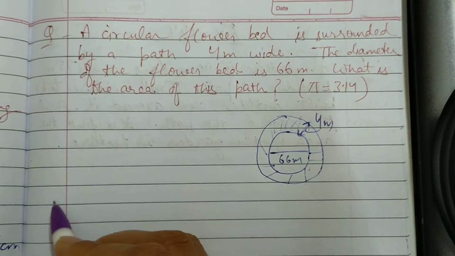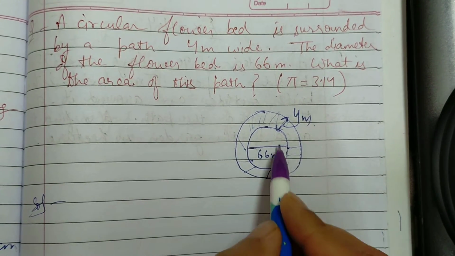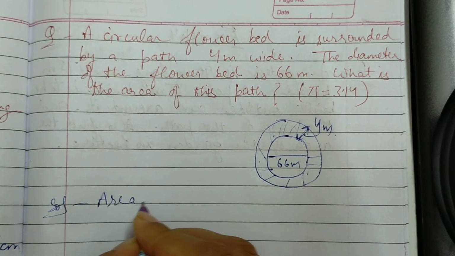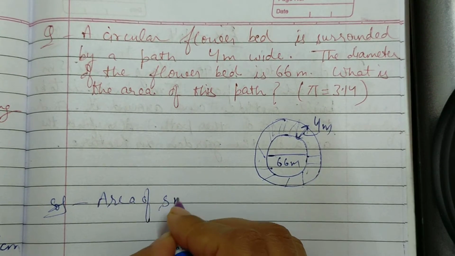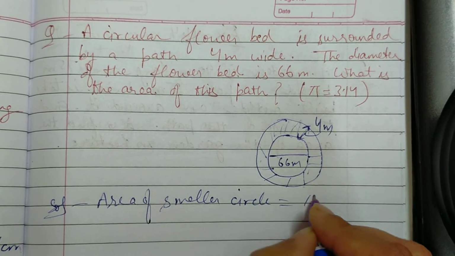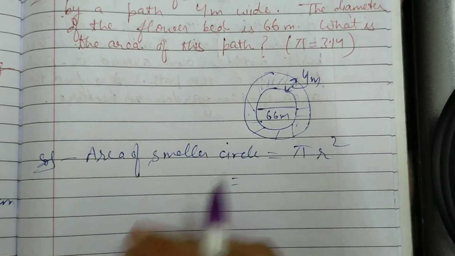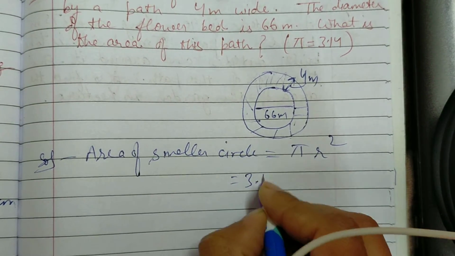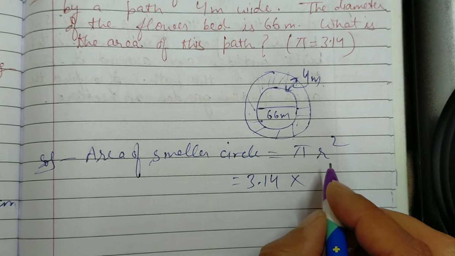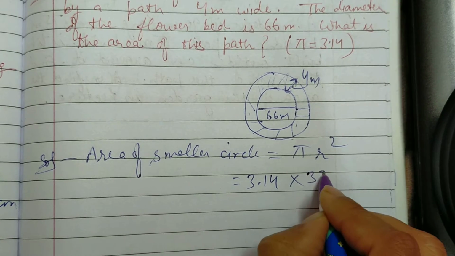So how will we do it? First we will find the area of the smaller circle. Apply the formula, pi r square. We have to consider pi 3.14. What is the radius? Its diameter is 66, so its radius will be 33.